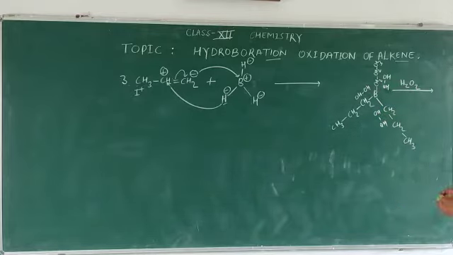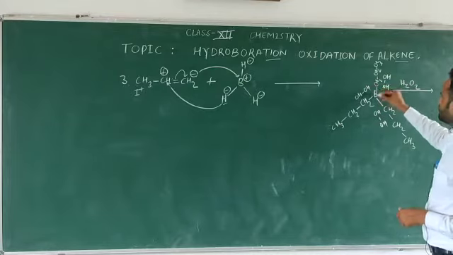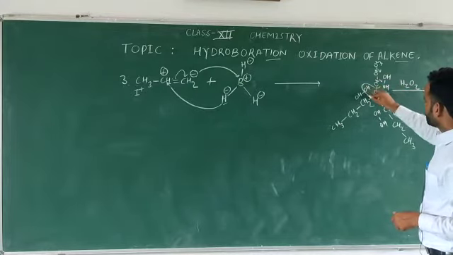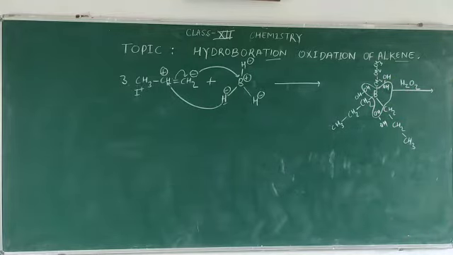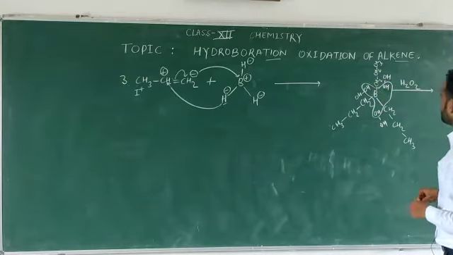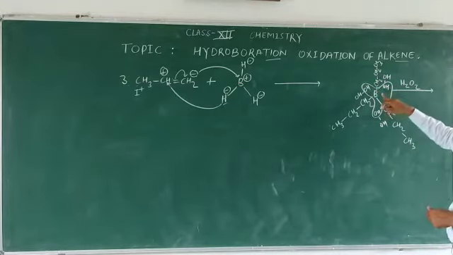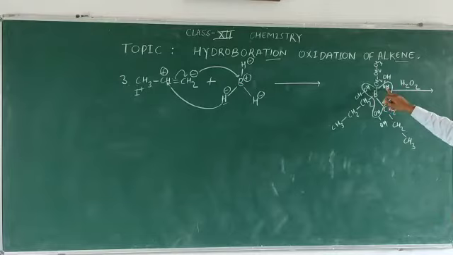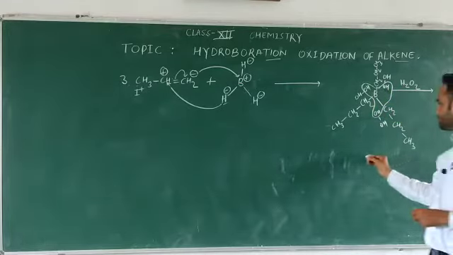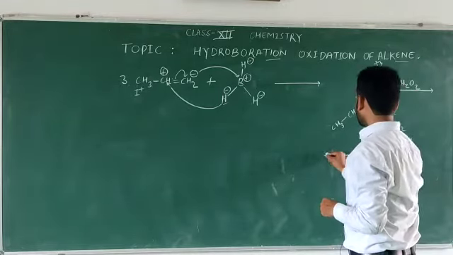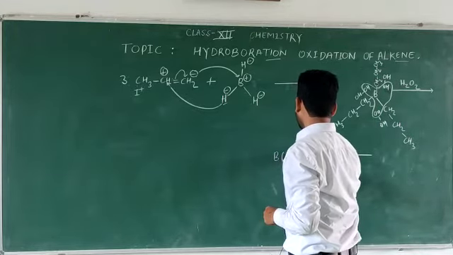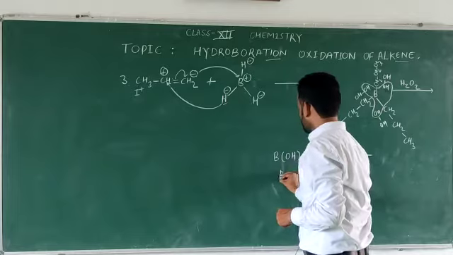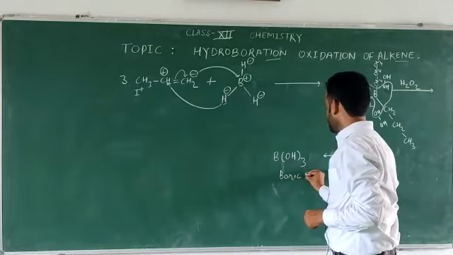So what will happen, this boron will combine with the first hydroxide ion, the OH. So the first compound will be B(OH) whole thrice, that is nothing but boric acid.